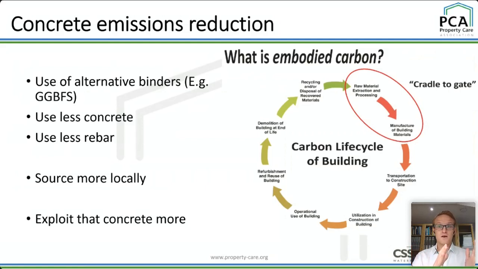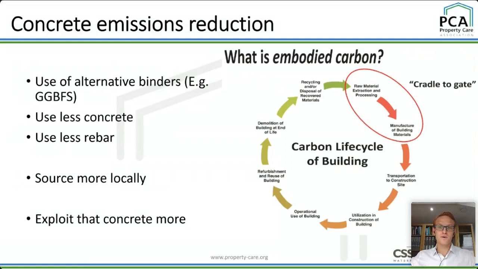To get your crack widths down, you might also use a granulated blast furnace slag, so that would be a more sustainable approach, typically, depending on where that's coming from. You'd also want to use less rebar and less concrete, particularly with a basement floor slab. If you can get your thickness down, then the amount that you need to excavate out of your building site reduces.